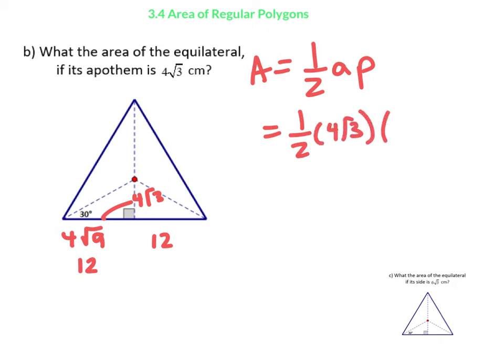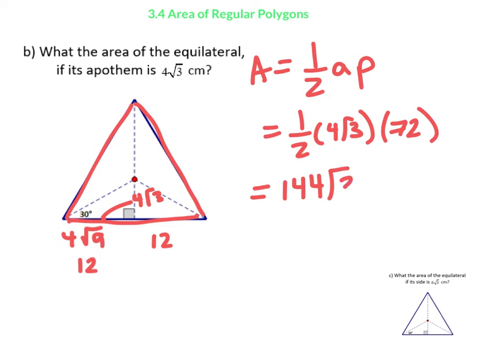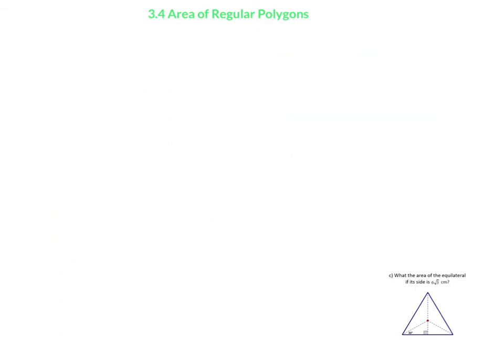And my perimeter would be 24 and 24 and 24, which happens to be 72, I believe. And I get 144 root 3 centimeters squared, which again is approximately 249.42 centimeters squared. I love how all of this stuff kind of connects together.